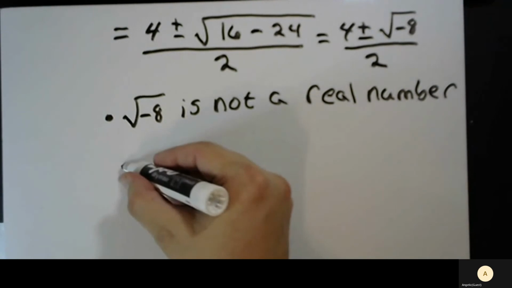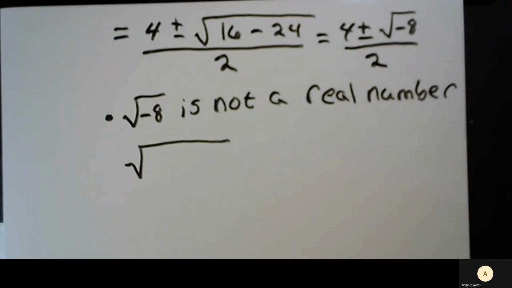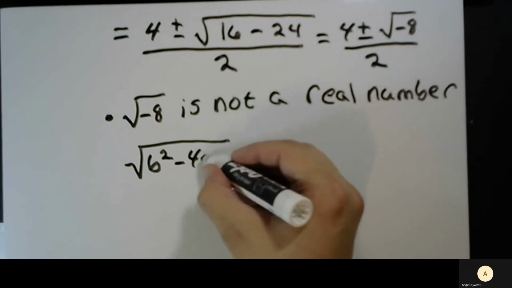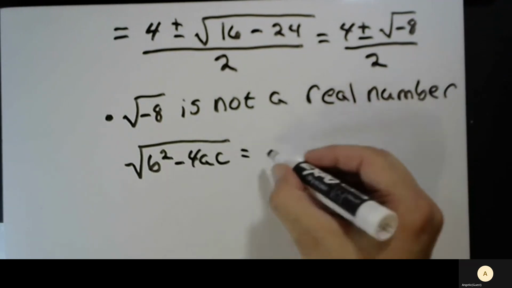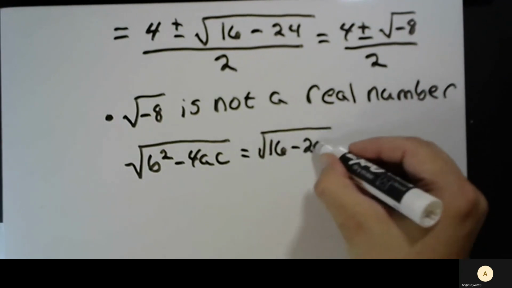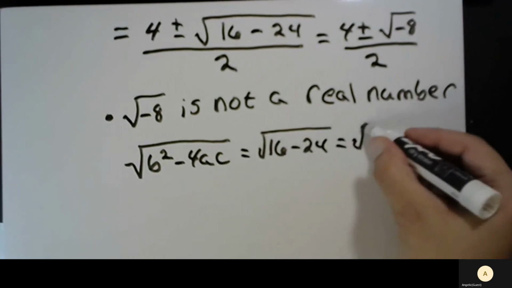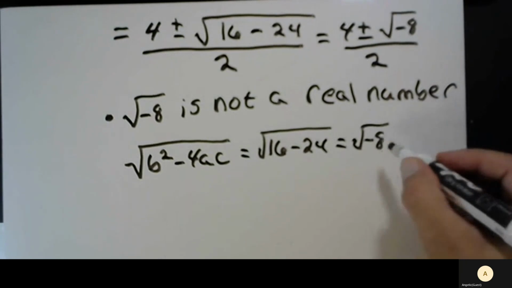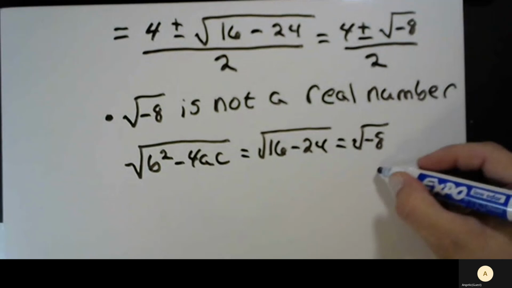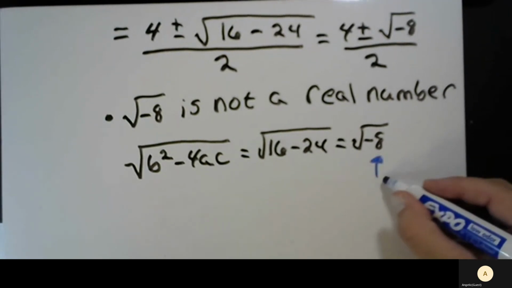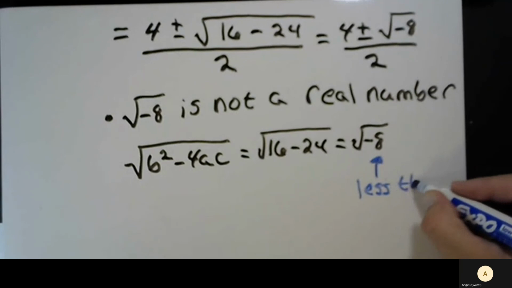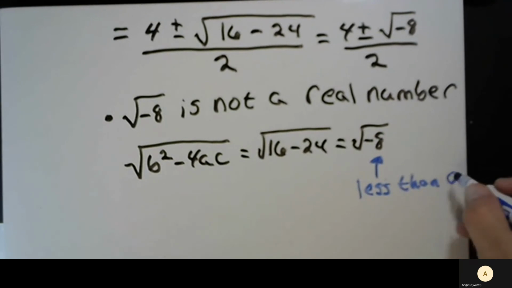And so what happened was, if we just take a look at the square root, the inner part is less than 0.